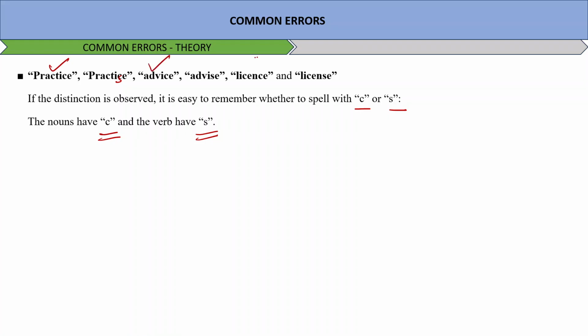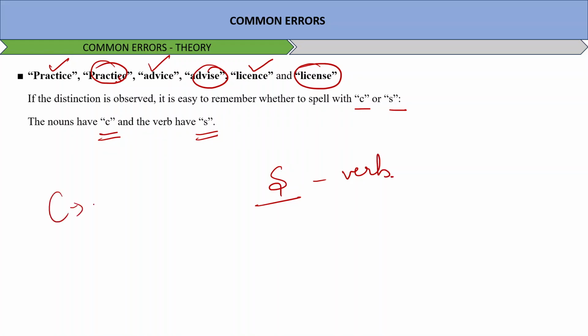Advice, noun. License, noun. Practise, advise, license, verb. So the S one is always a verb, whereas the C one is always a noun. Remember this, okay?